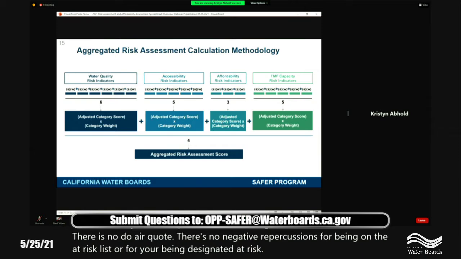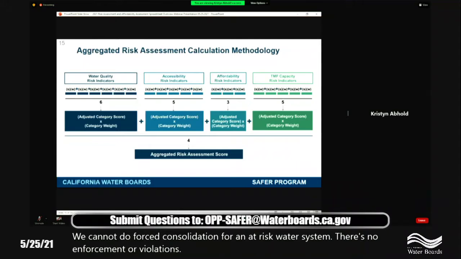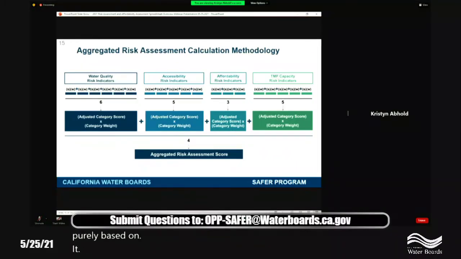We cannot do forced consolidation for an at-risk water system. There's no enforcement or violations that take place because of an at-risk status. It is purely related to how we target our funding and technical assistance. So hopefully that helps.